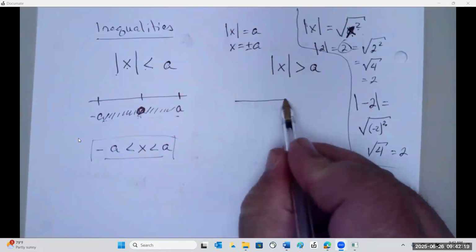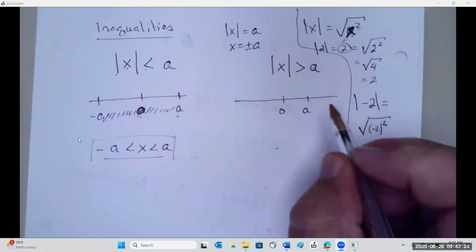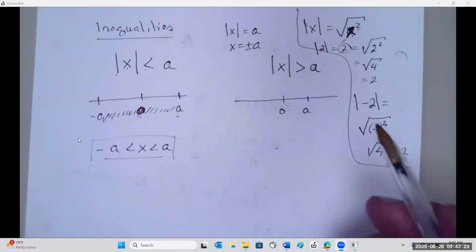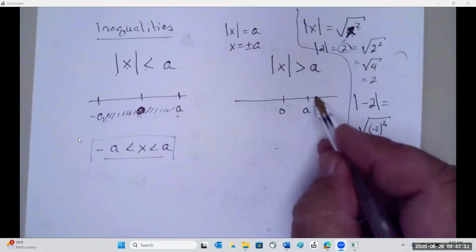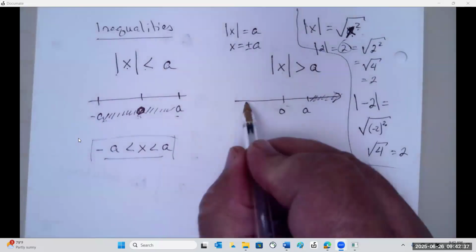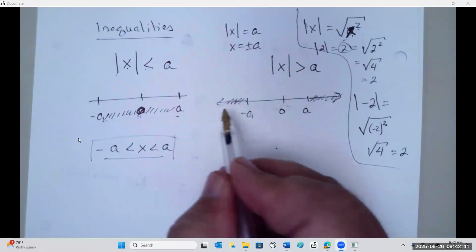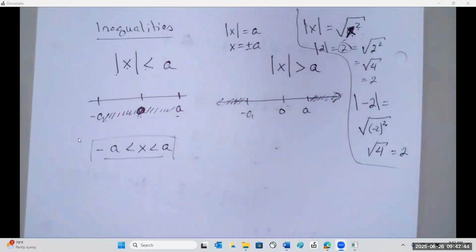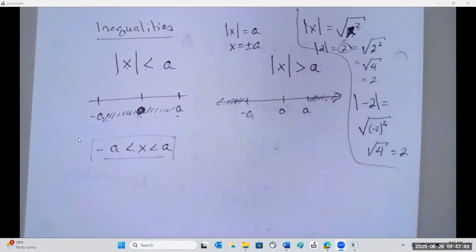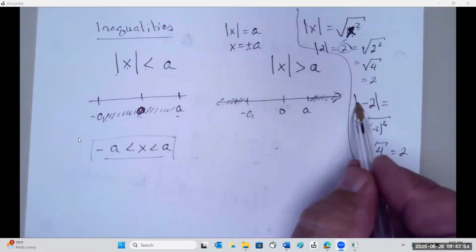This other side, there's zero, there's A. If I'm thinking of a number greater than A, which side is shaded? To the right. It's going away from zero. So what's it going to do at negative A? It's going to go to the left because it's going away from zero. It's the opposite side. If we took these numbers and took the absolute value of them, they're going to be over here.